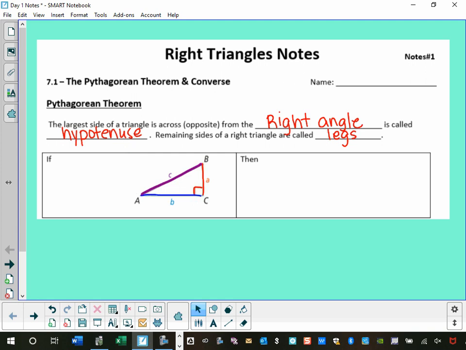We just need to make sure that we understand what C is. A and B are interchangeable. So this means that A squared plus B squared is equal to C squared. The hypotenuse is always directly across from the right angle.